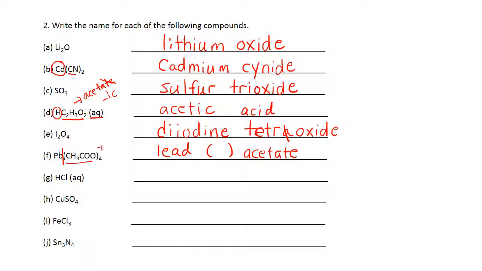And I know that's going to be -1. So it looks like you have 4 acetate, which tells you the overall net charge is -4. -1 times 4 gives you -4. And looks like in the formula you only have 1 lead, so then I know that lead has to be +4 to balance that out. So the Roman numeral is going to be IV: lead(IV) acetate.